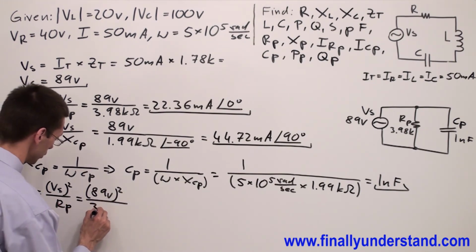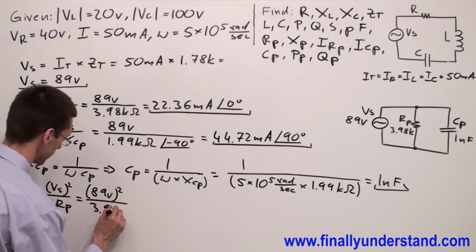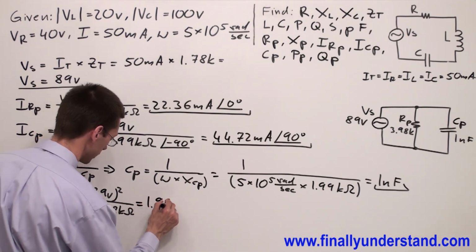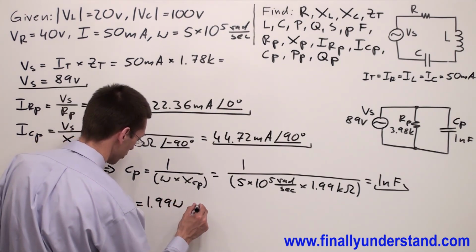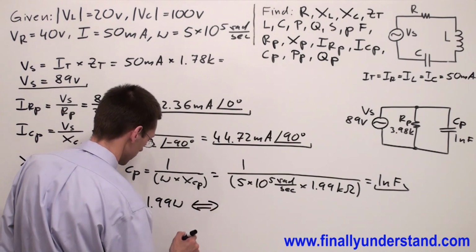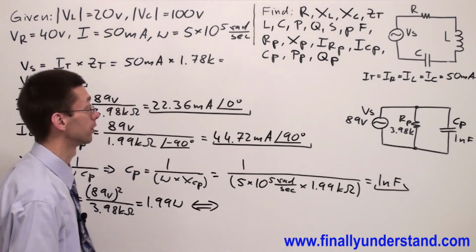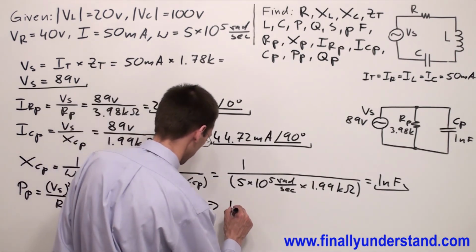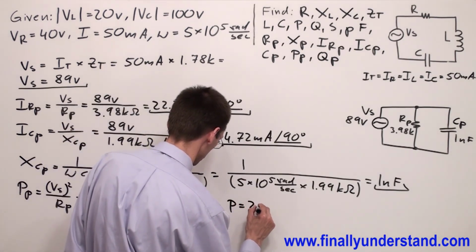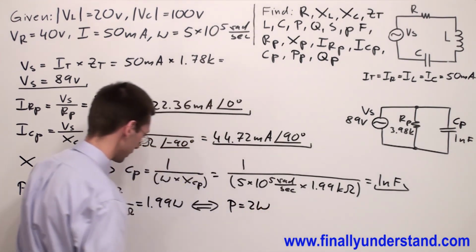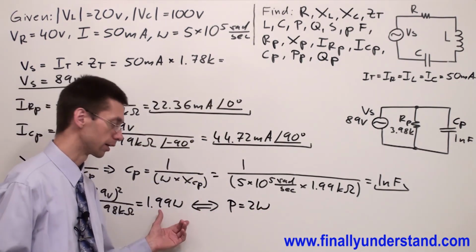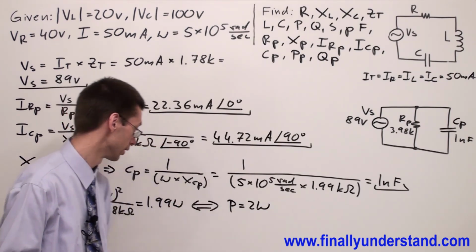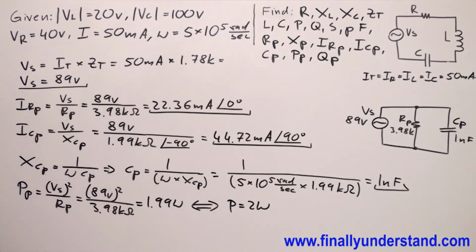RP is equal to 3.98 kilo ohms. This is equal to 1.99 watts. And let's compare what we obtained from the previous calculations, which we did for the series circuit. So P was equal to 2 watts. So we can say that these values are identical. They are very close to each other, so we can say that our calculations up to this moment are correct.